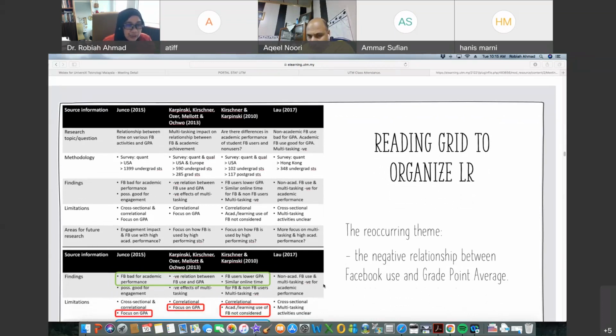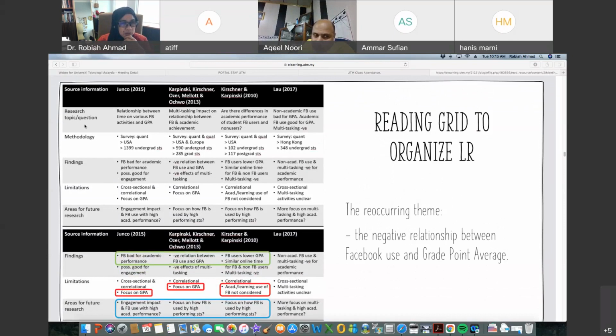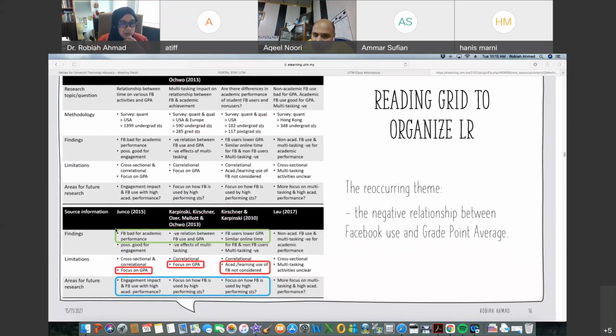Okay. So when you analyze, what you can see here, there are some trend, or they call it recurring theme. Okay, so what we can say here is that on the finding on the row 1, 2, 3, 4, most of the researchers find FB bad for academic performance, negative relationship, and so forth.